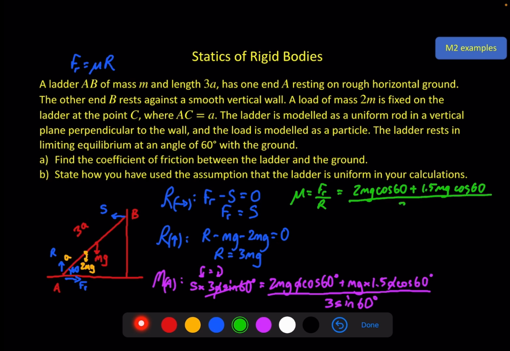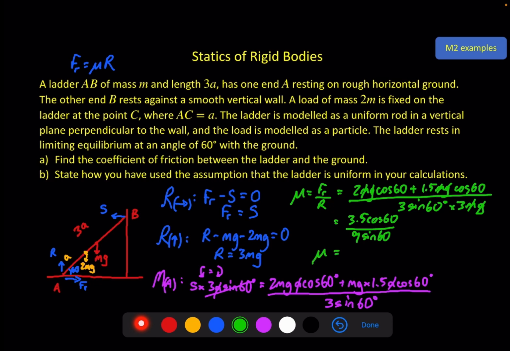Divided by 3 sine 60, and also the R, which is 3 mg. So we can add the two terms in the numerator together and cancel all of the mg's, which gives us 3.5 cosine 60 over 9 sine 60.